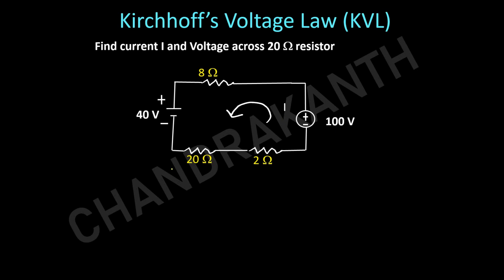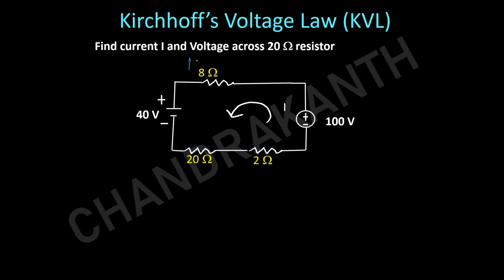Okay. So any voltage that you need to find out across the resistor, first and foremost we need the current. Because without current, even if you have a resistor, the voltage can be determined only if you know the current value. To find out this current, we need to apply the KVL.